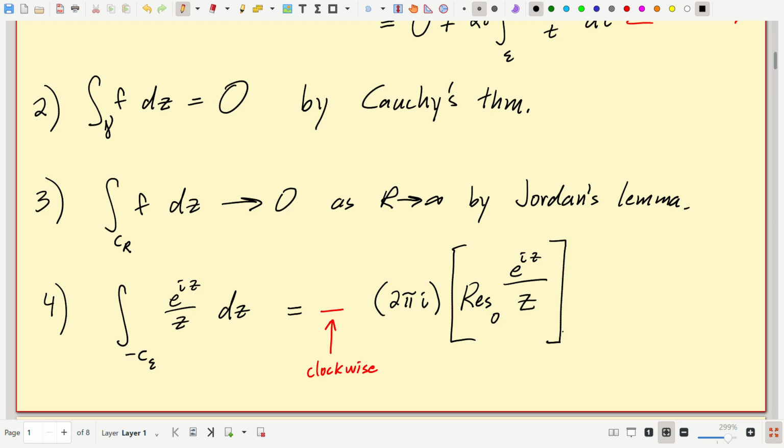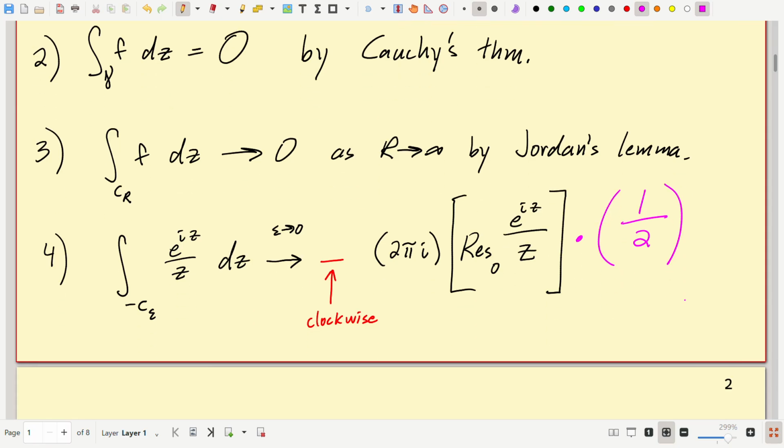And so in the limit, this is not an equal, this tends to as epsilon goes to 0. The big thing here that's new is that I got to multiply this whole mess by a half. It's not a bad mess. And that's because it's a half circle.